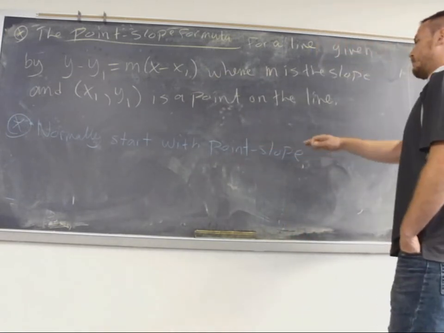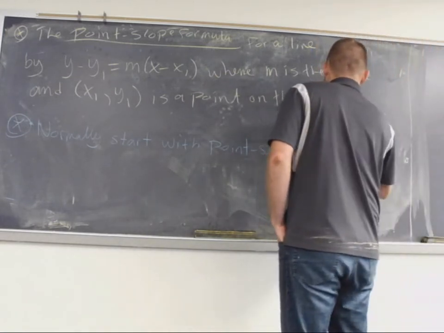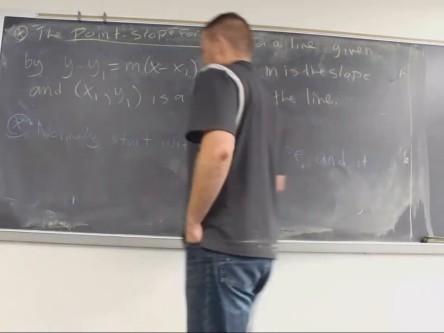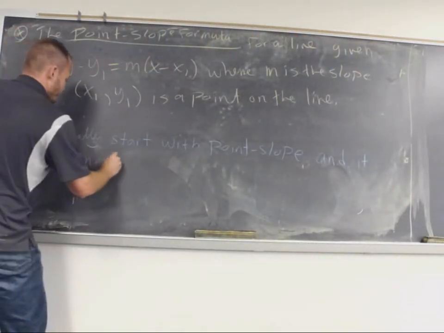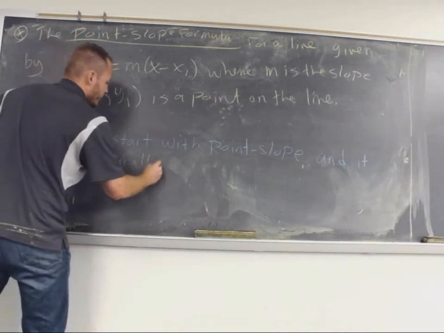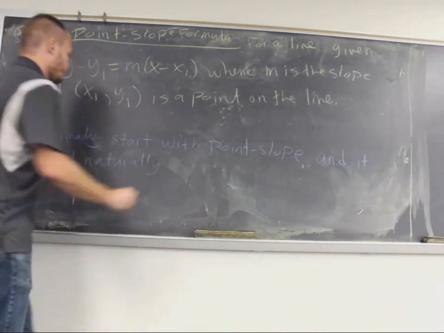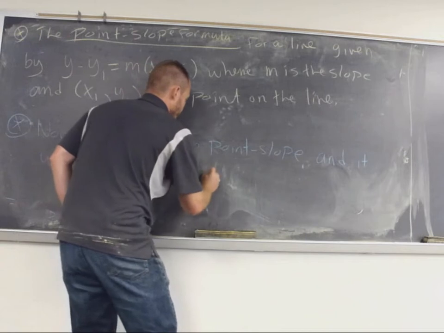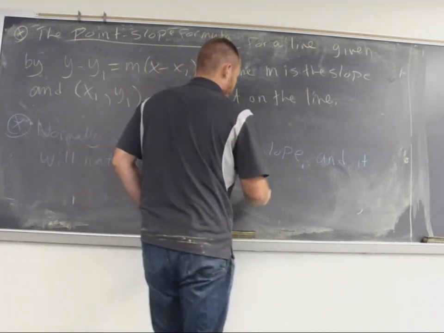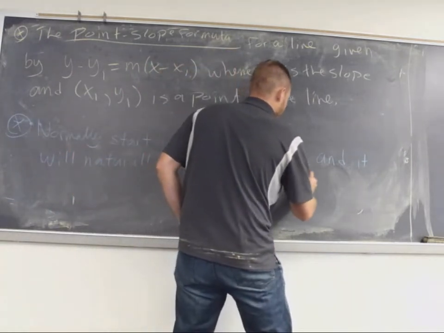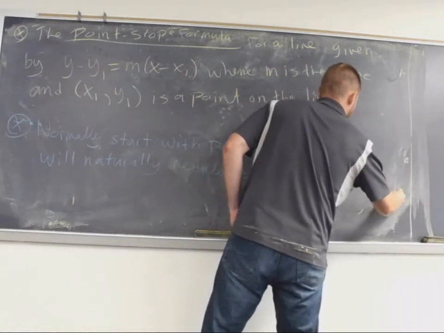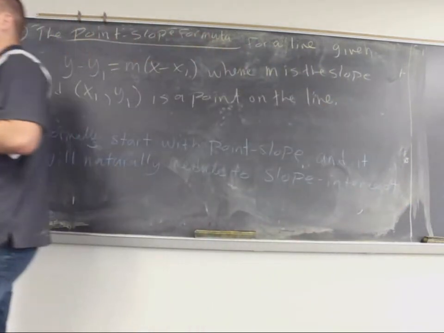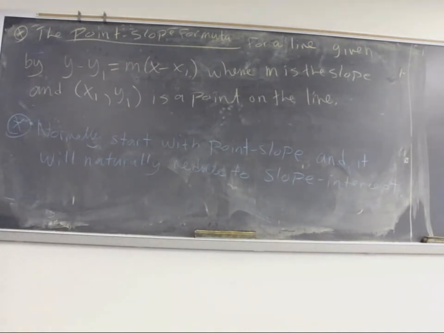So normally we'll start with the point slope, and it will naturally, and by naturally I mean by us doing some algebra, reduce to slope intercept. That will make more sense once I go over an example or two. Okay, pause the video if you need some time here.